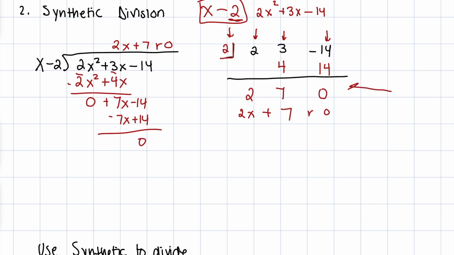That's what this row here is saying. And so this synthetic division is a really quick little way to do division. And so whenever you're doing it, you're always doing multiply, add, multiply, add, multiply, add. That's what you're doing.